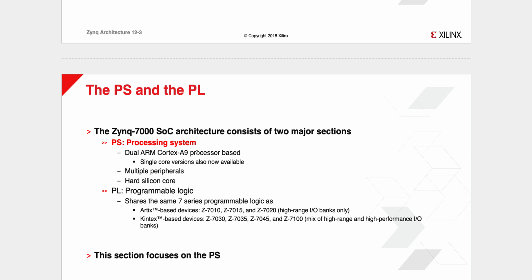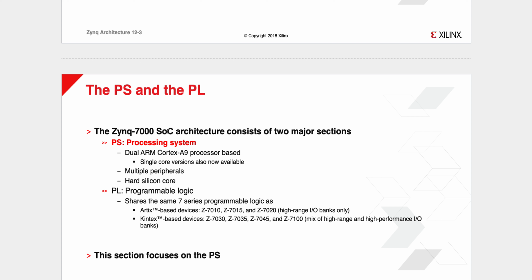So the processing system of a Zynq system on chip architecture has ARM Cortex A9, memory interfaces, and peripherals.